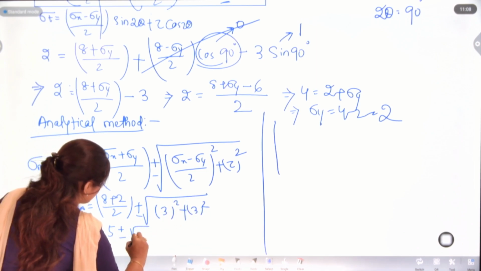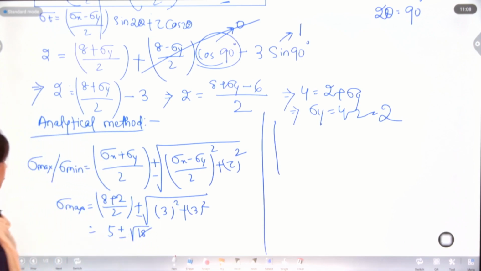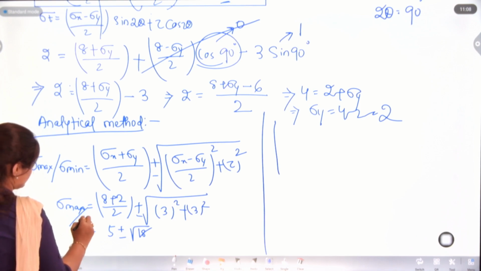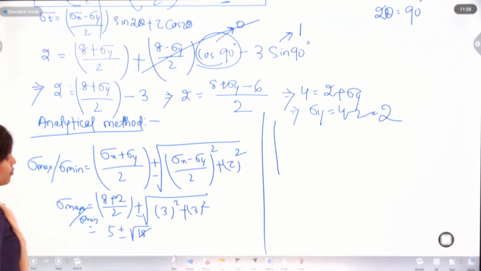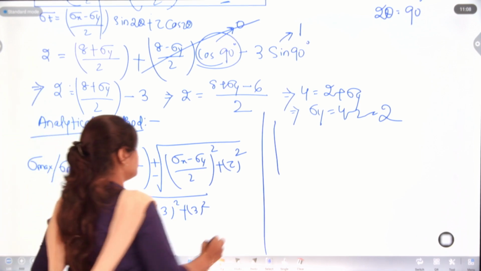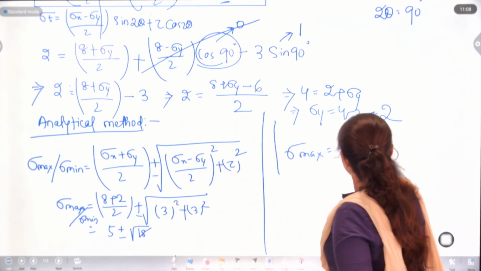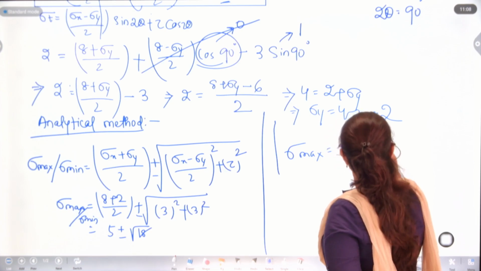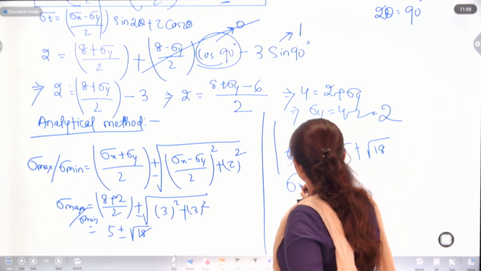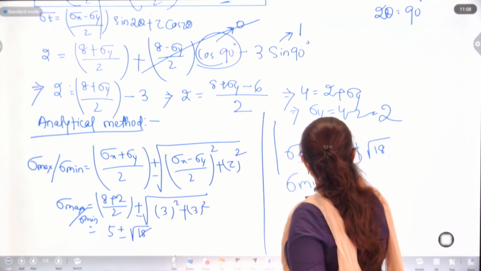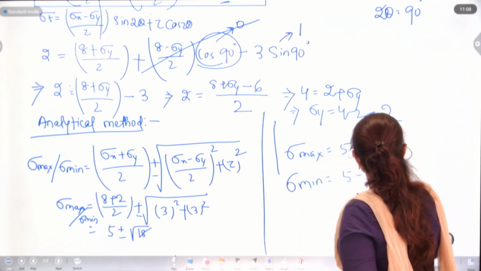So, sigma maximum will be 5 plus root over of 18 and sigma minimum will be 5 minus root over of 18.